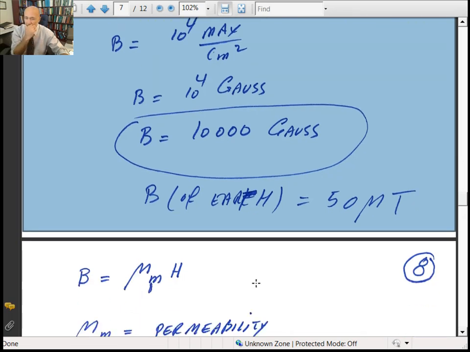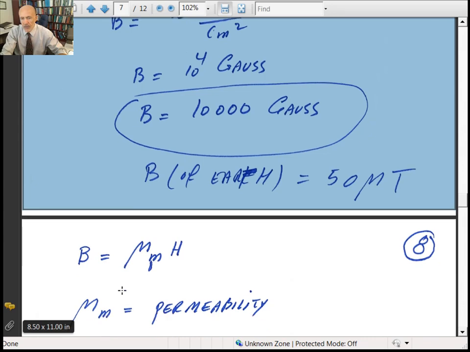Now, it turns out that there's a strong relationship, a correlation between magnetic field density B and the magnetic field intensity H. It's known as a BH curve. All the manufacturers, when they manufacture the ferromagnetic materials to be used in transformers or any type of rotating machines, give you what is called a BH curve.